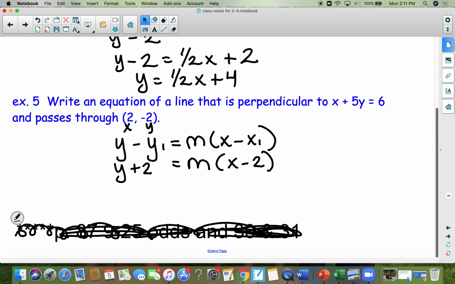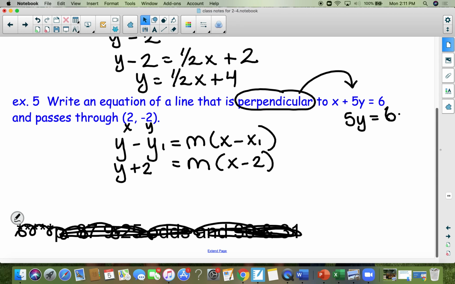Does everybody see where the x and the y go in our formula? What we don't know is the slope, but we know that it needs to be perpendicular to this slope. In order to find the slope, it needs to be in y equals mx plus b. So the first thing I have to do is get y alone.